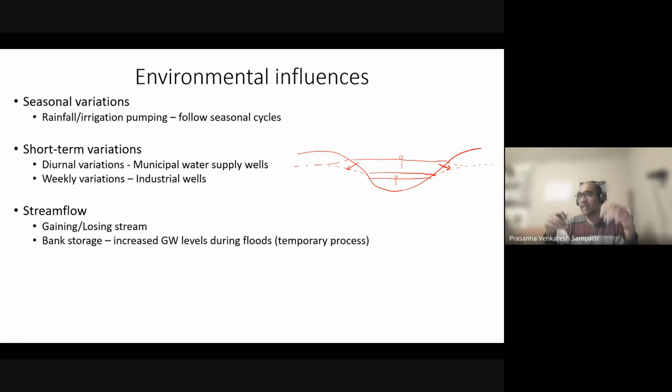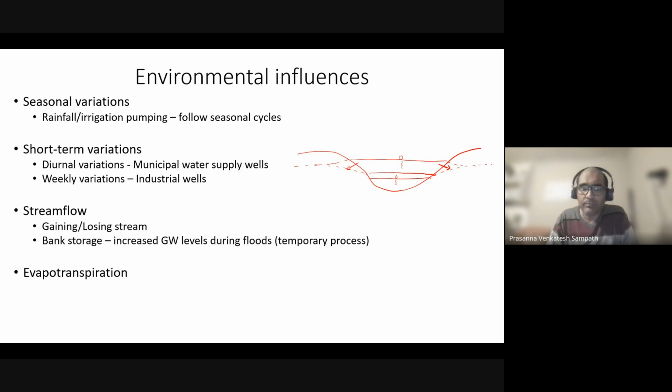So there will be some storage of water along the banks of the river, which is created due to the occurrence of the flood, and then the lowering of the water levels during the recession of the flood. So the flood levels go up and then come down again, and that creates this additional bank storage along the banks of the river. Okay, is that all right?